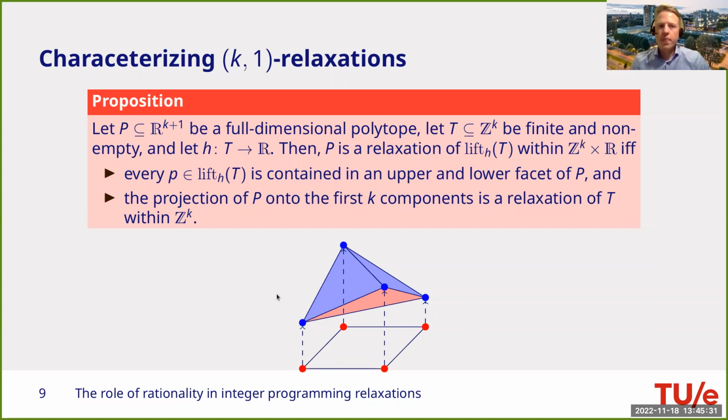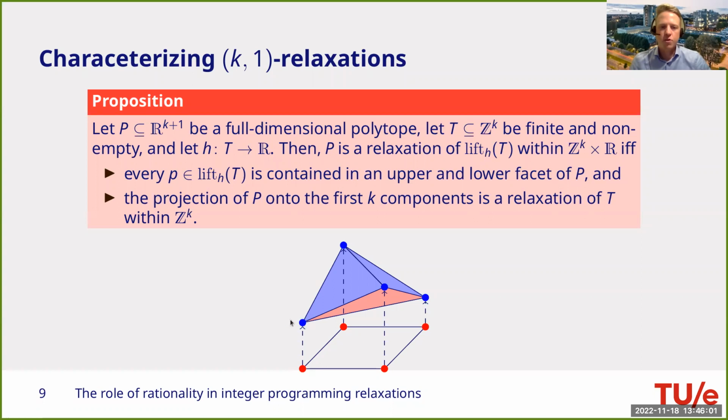And we can show that if we are given a full dimensional polytope P and a set of integer points T, that is non-empty, and we assign each of these points a height value, then the polytope P is a relaxation of this lifting with respect to the k integer coordinates and the height value in the last coordinate, if and only if for every one of these lifted points, for every one of the blue points, we can find an upper and a lower facet of the relaxation P that contains this point.